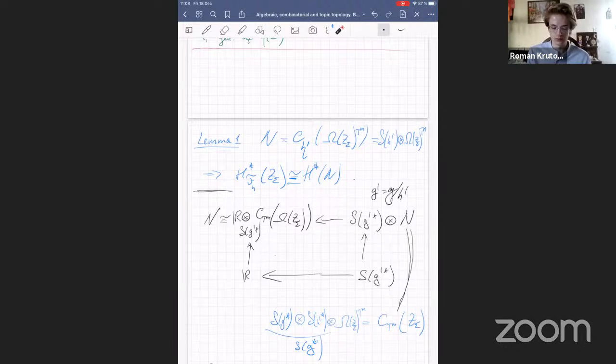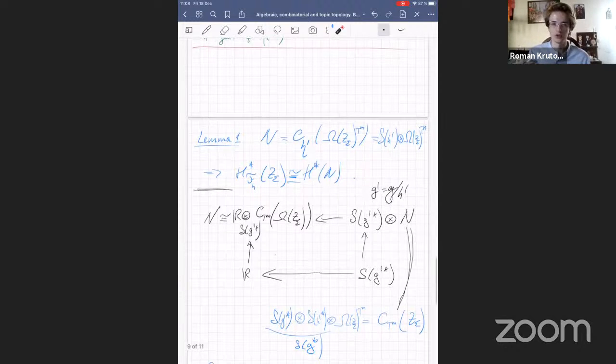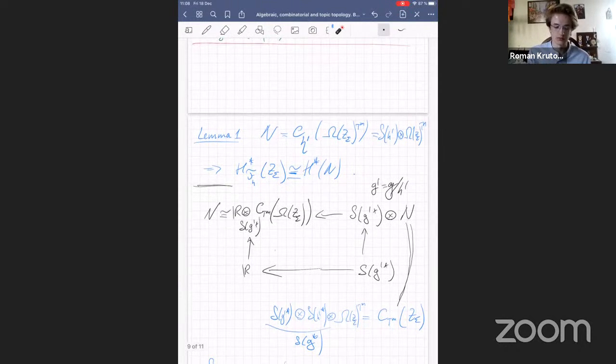Well, then we have this square of maps where here the Cartan model stands, here R, and here the ring of polynomials. So this picture actually resembles the standard picture of equivariant cohomology, and here would stand just the cohomology of the manifold.